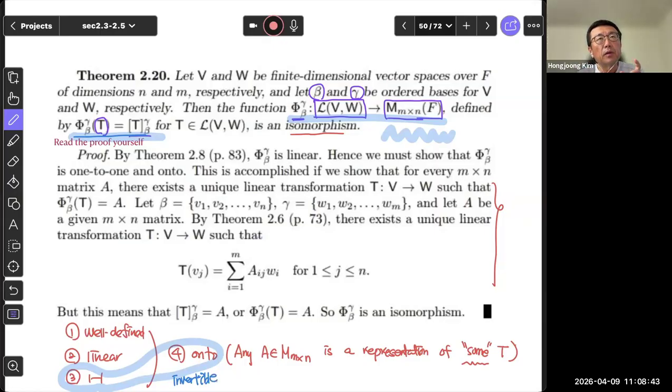So this phi is an isomorphism. Phi, not T. The subject of the sentence is phi is an isomorphism, not T. And that means these two spaces are isomorphic.